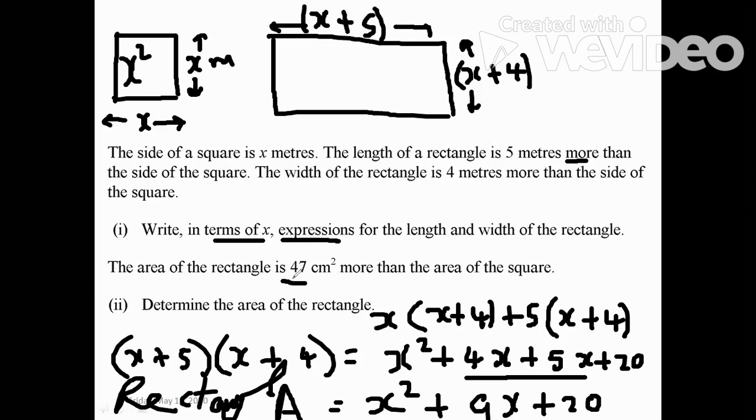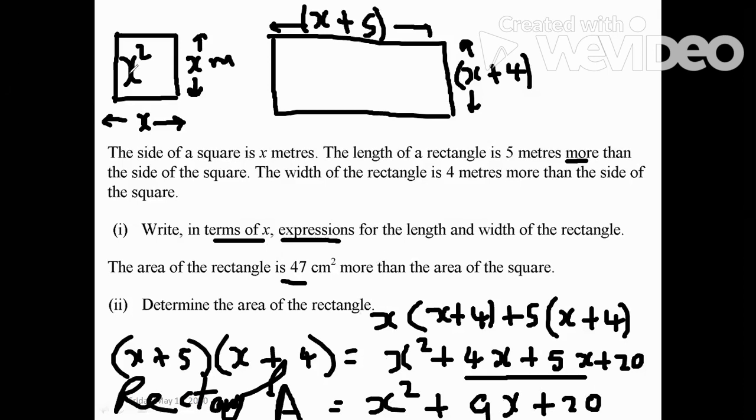So I'm thinking, if this represents the area of the rectangle, this must equal x squared plus 47, because I'm saying the area of a rectangle is 47 centimeters square more than the area of a square.